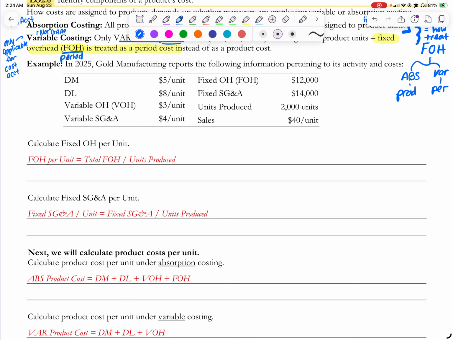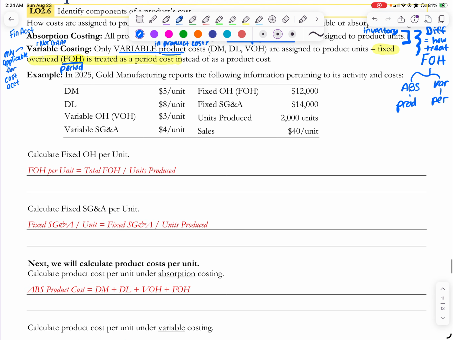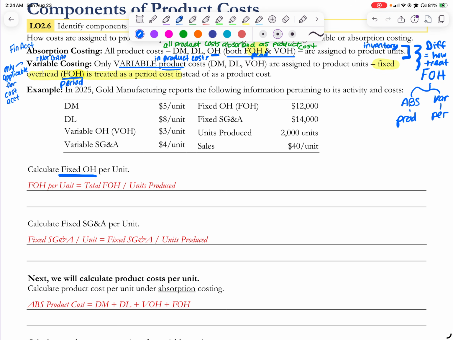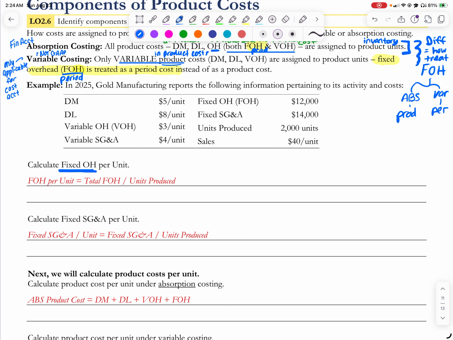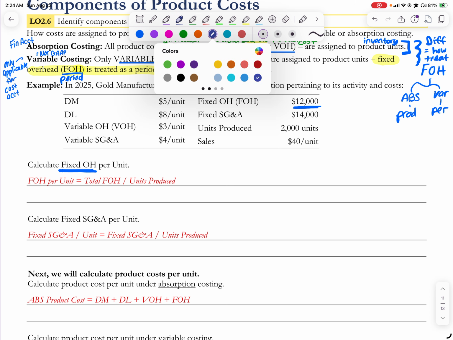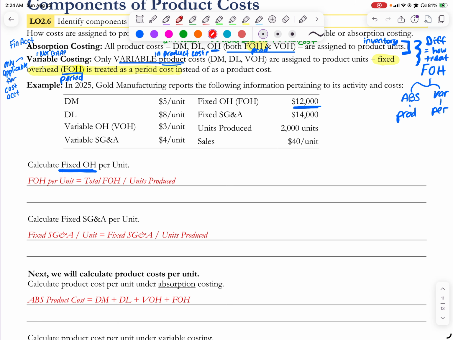And we're asked to use this info and compute a few things. The first is fixed overhead per unit. So this is per unit produced. My total fixed overhead cost, $12,000, divided by 2,000.